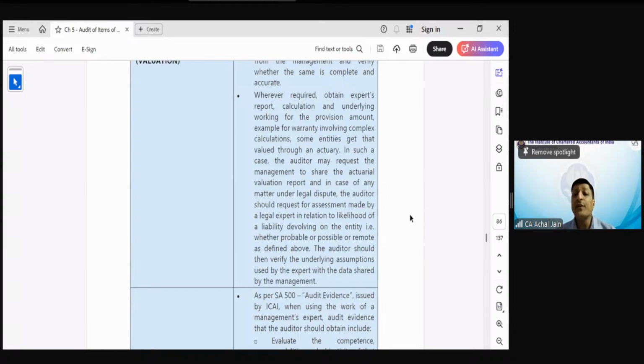So in such a case, what will you do? You also need to then check that. Number one. Further, you also need to perform the procedures related to the working of the management's expert.